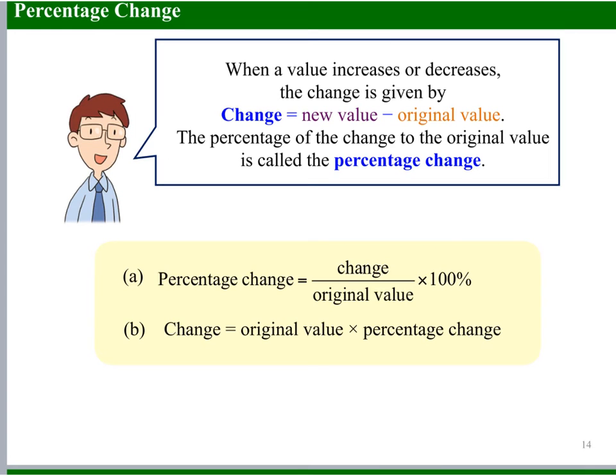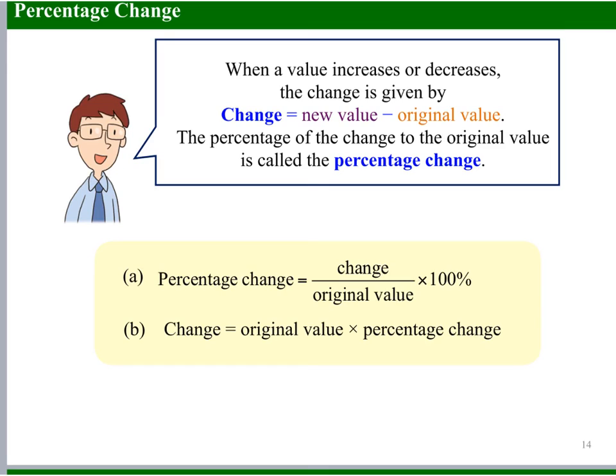Alright, we have learned the decrease and the increase of the percentage change. Now we are making a summary. When a value increases or decreases, the change is given by change equals new value minus original value. So we have to decide which one is the new value and which one is the original value, and then we can find the percentage change.